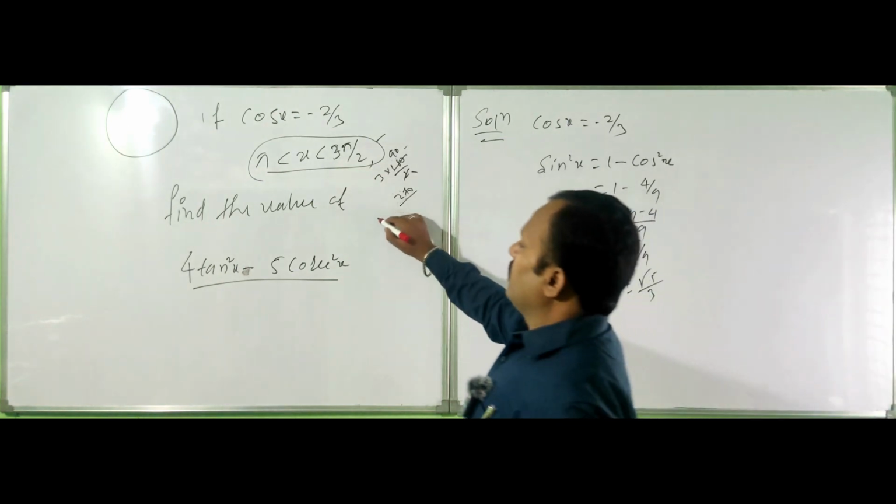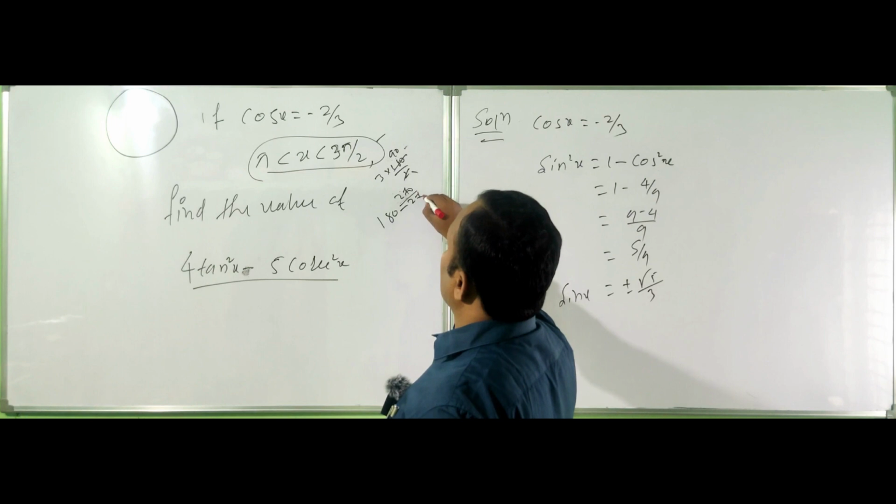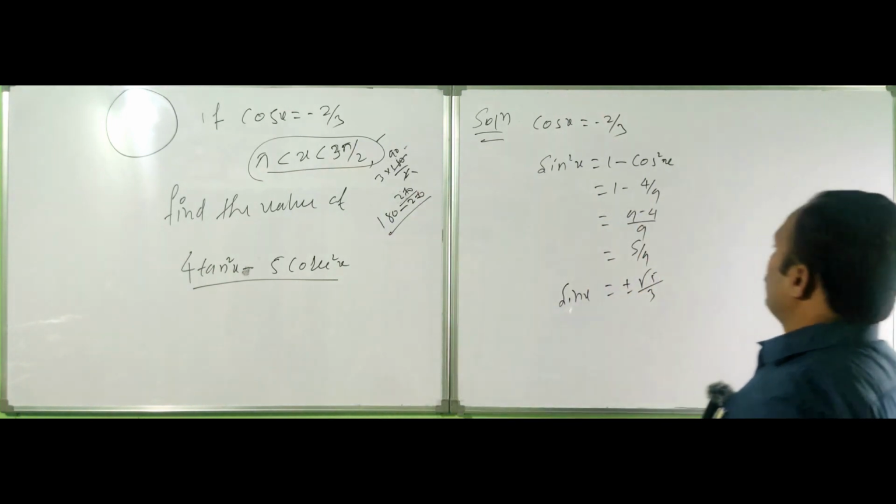This means between pi and 3 pi by 2, that is 180 to 270, which is the third quadrant. Okay, third quadrant.